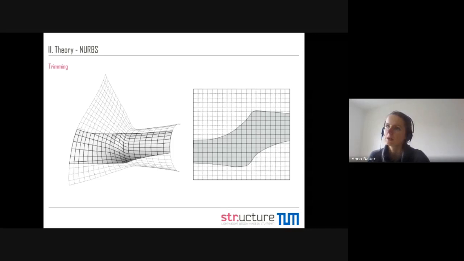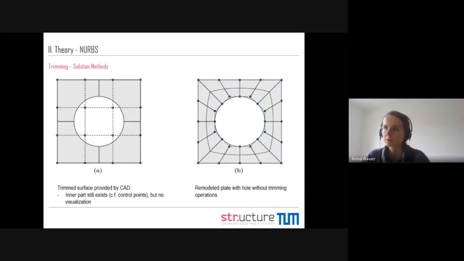And for the analysis, this means either I am able to deal with that and identify the parts where there actually is material, or I have to remodel the plate in order to have a full surface without these trimmed out parts, so every part of the surface is material.